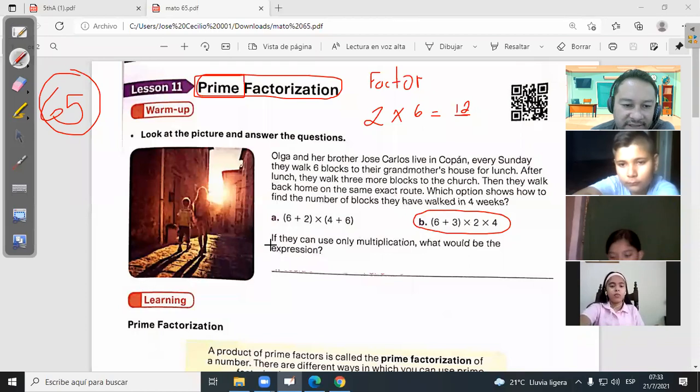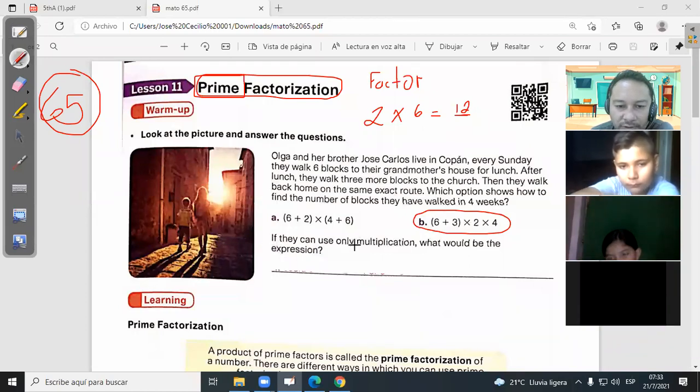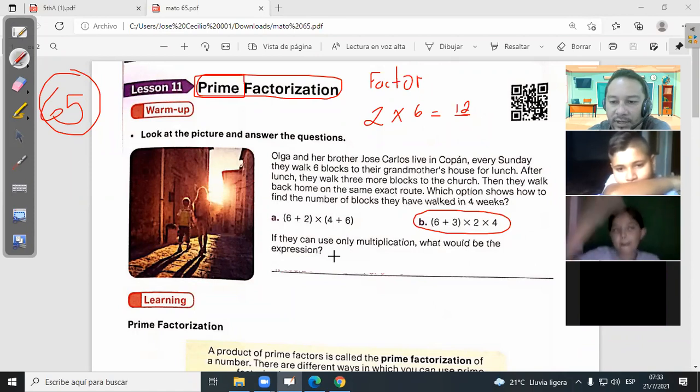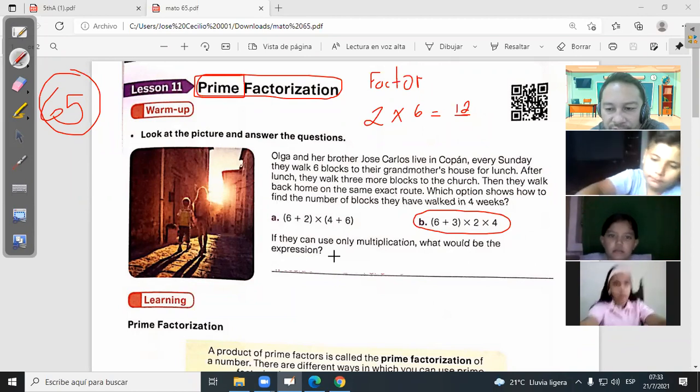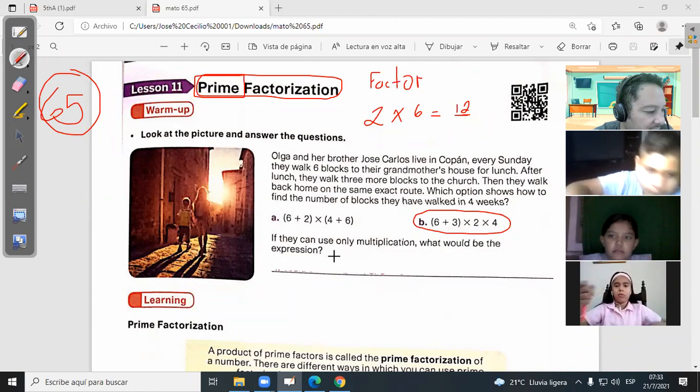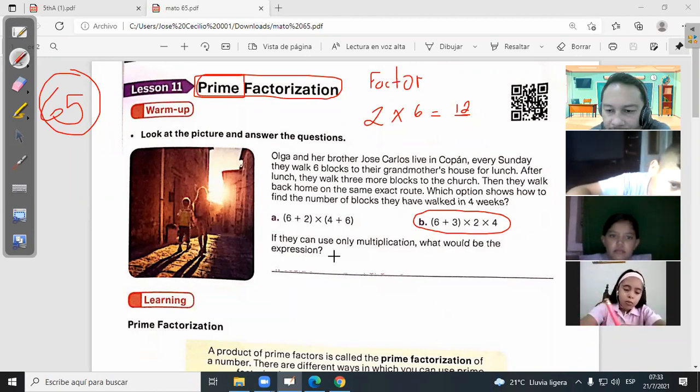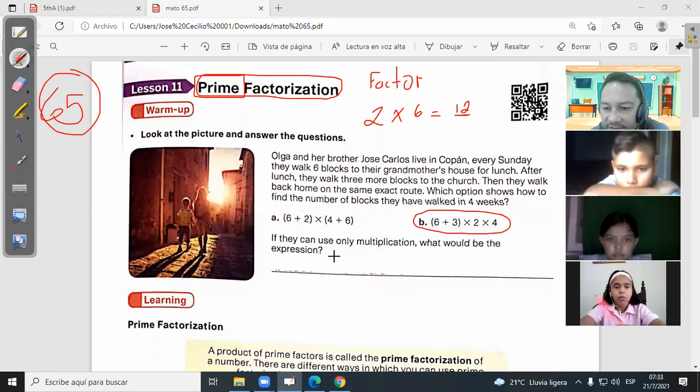Now it says, if they can use only multiplication, what would be the expression? Okay, what would be the expression there? First of all, you know that one of the things you have to do is what is inside the parentheses.